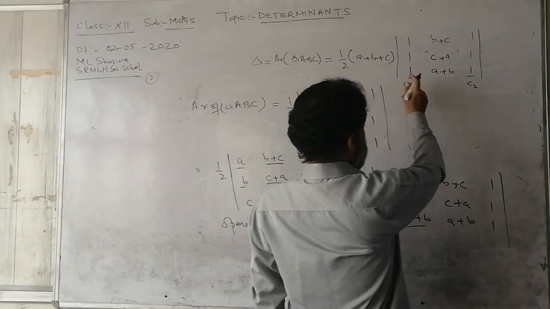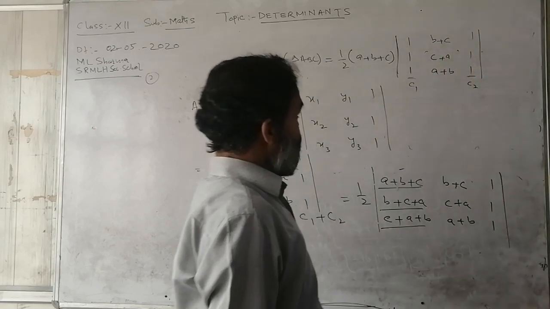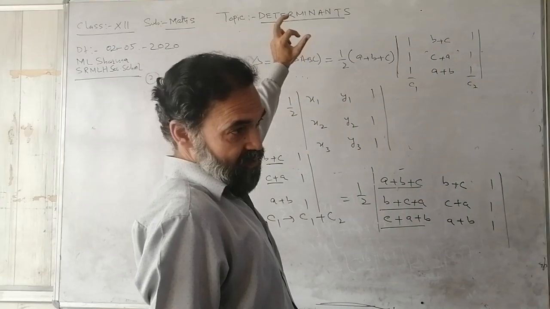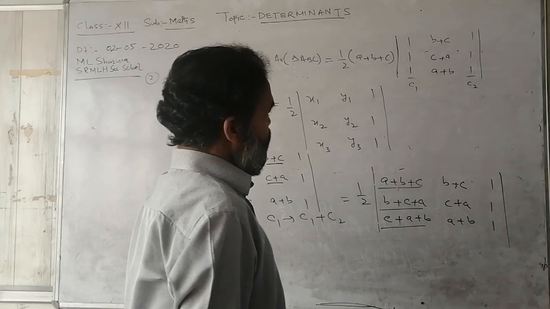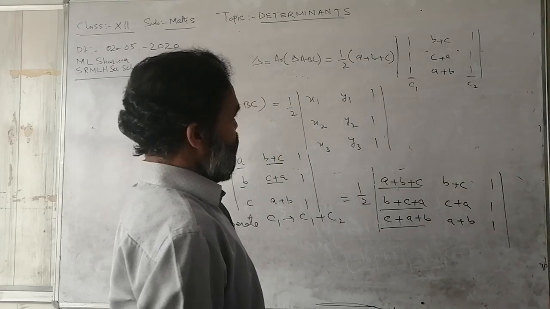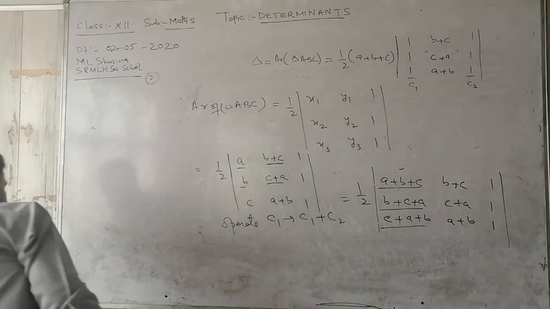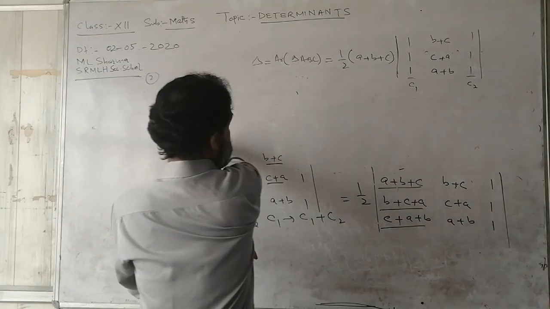So I can say I have a property of determinant which says if any two rows or any two columns of a determinant are identical, then value of this determinant is 0. This is one of the property of the determinant. So I can apply this property of determinant here.